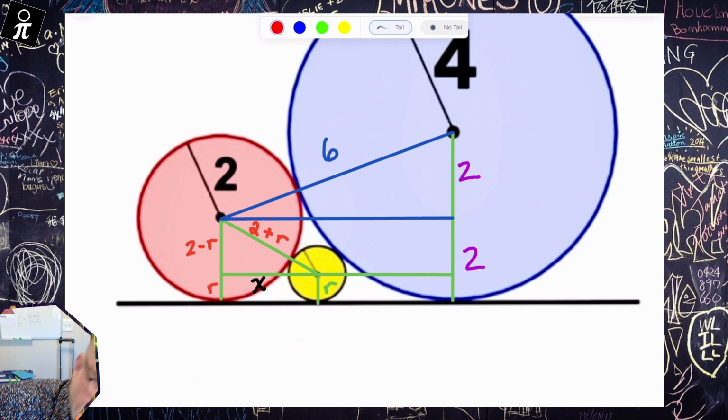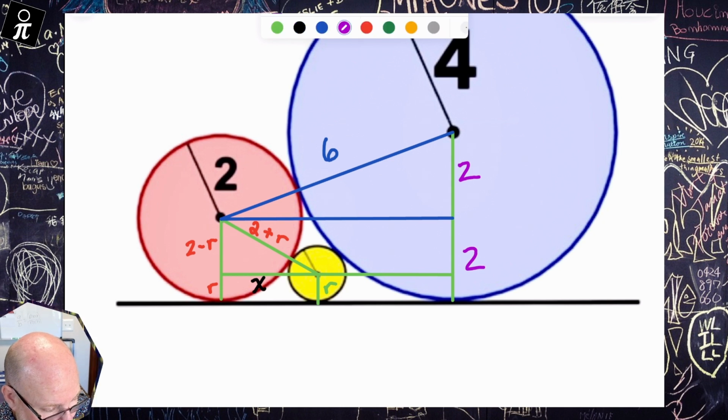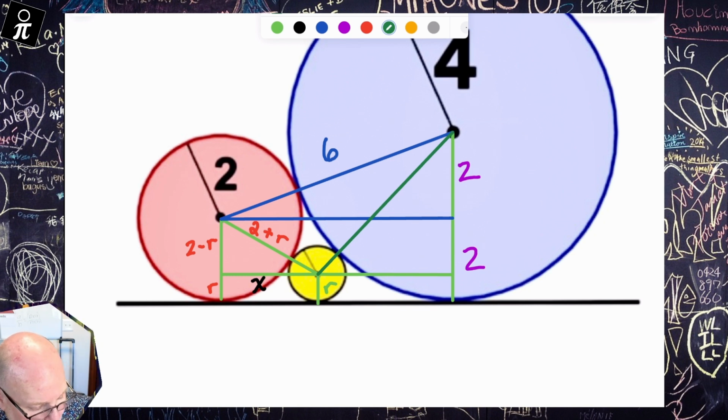Okay, what else do we have here? I'll do it in green. We've got another right triangle right there. We know this leg: this leg is going to be 4 minus r.